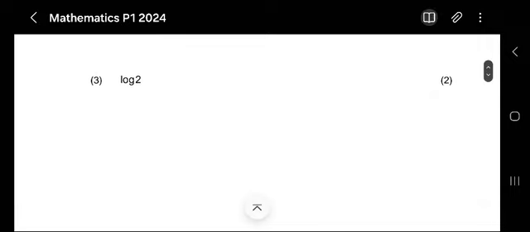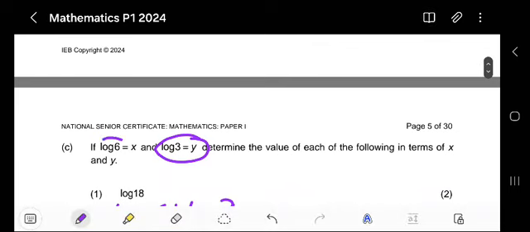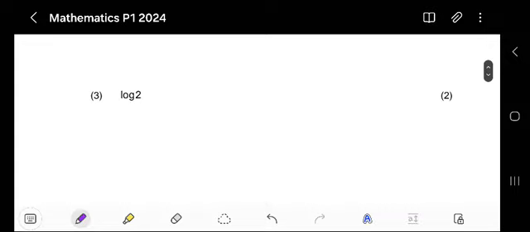Then we have log 2. We don't have log 2, but we must try as far as possible to work with what we are given, log 6 and log 3. So how can I rewrite log 2?